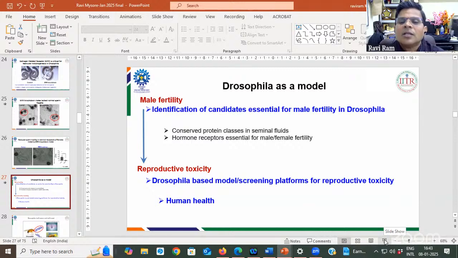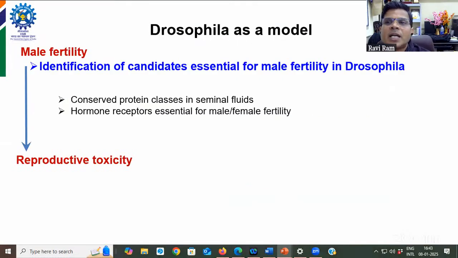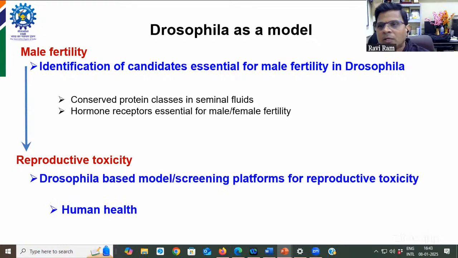And there are hormones, and receptors respond to those hormones, and they also play a very important role in male fertility. So using that as the basis, now you have this basic fundamental understanding that yes, things are similar to mammals. So why can't we translate that knowledge into a model for reproductive toxicity?